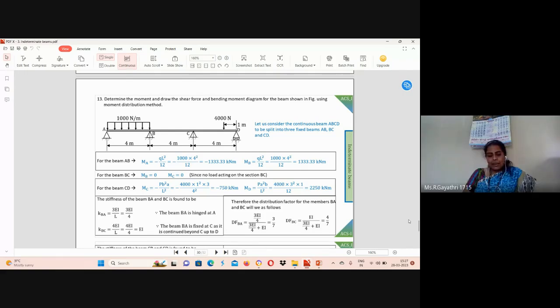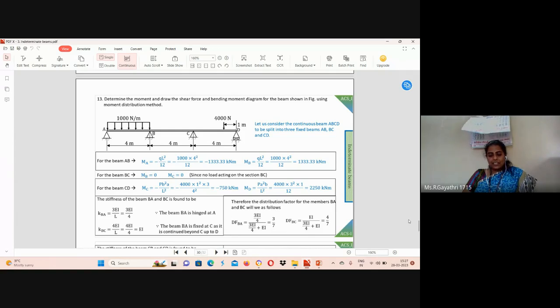ACD XD bar, we need to consider from the right side, from D.